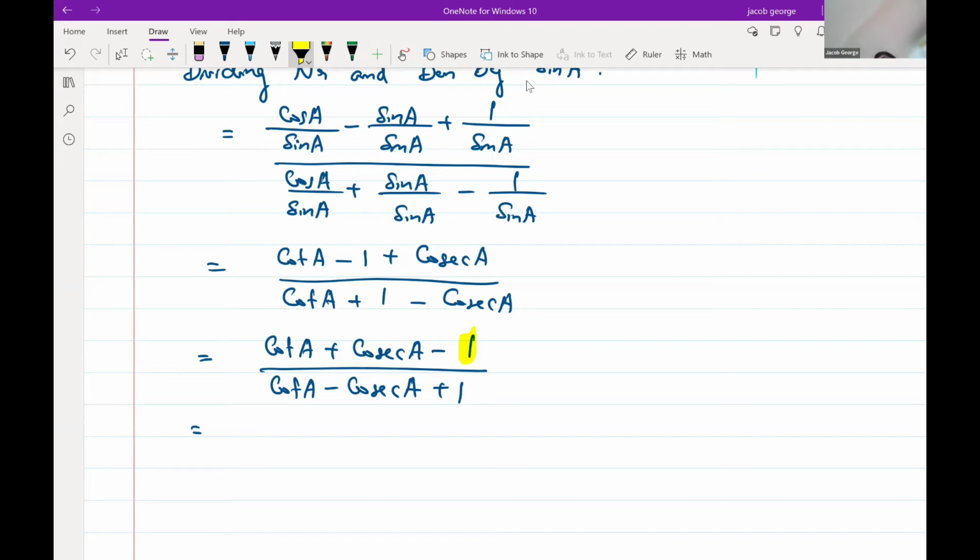Study it well. What is the third identity? Cosec square A minus cot square A is equal to 1. So you will replace the 1 in the numerator with cosec square A minus cot square A. How will you identify whether to replace the numerator or denominator? Look at the right hand side. In our right hand side, the expression is in the numerator. So we have to replace that numerator 1.